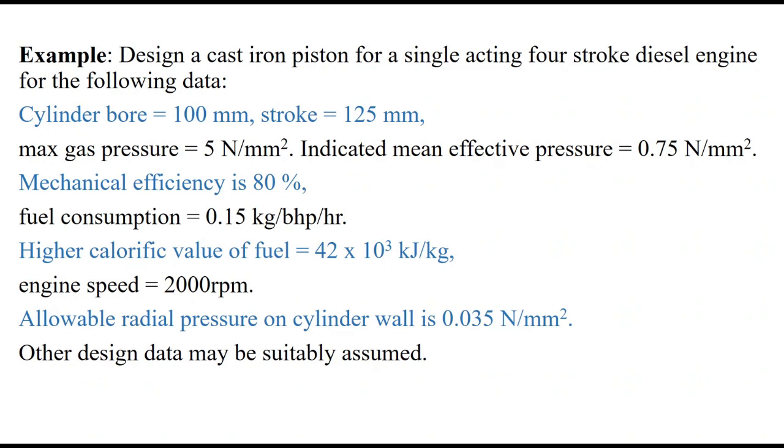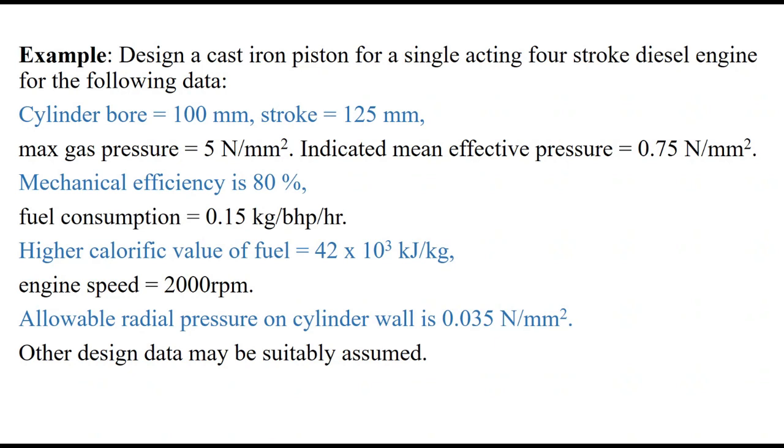Next is the higher calorific value of fuel. Higher calorific value means the gross calorific value of fuel without any loss. And there is also the lower calorific value of fuel, also known as net calorific value, that is after consideration of some loss, whatever calorific value we obtain.